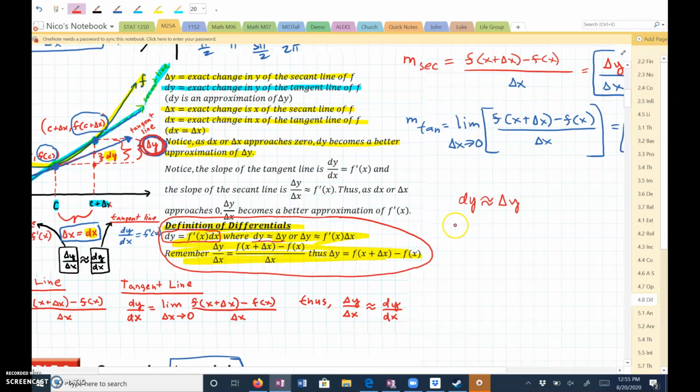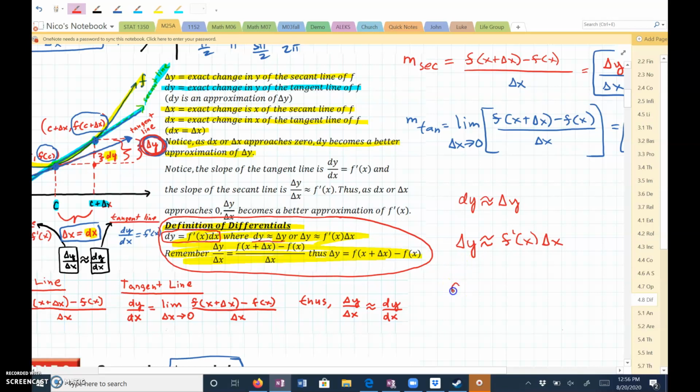So, another way to think of this is dy is approximately f prime of x delta x. Okay?